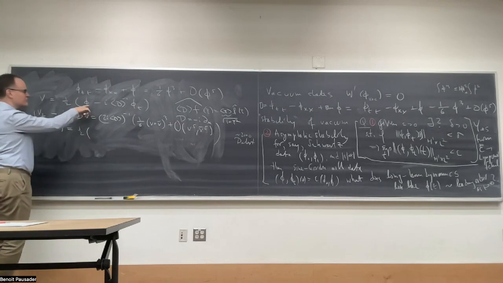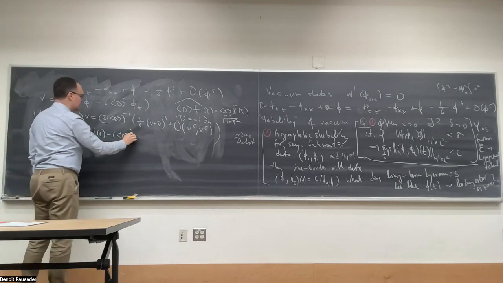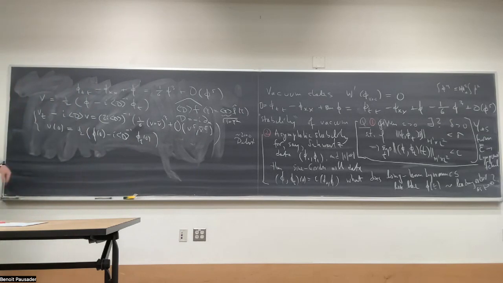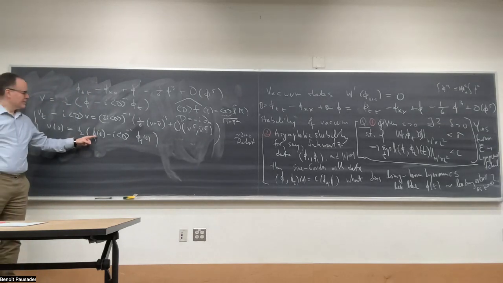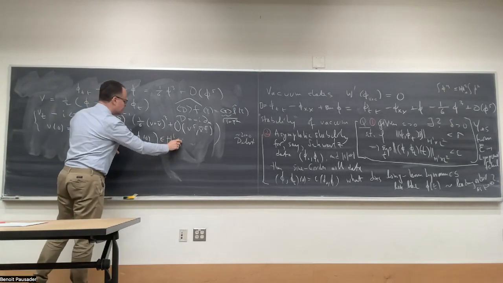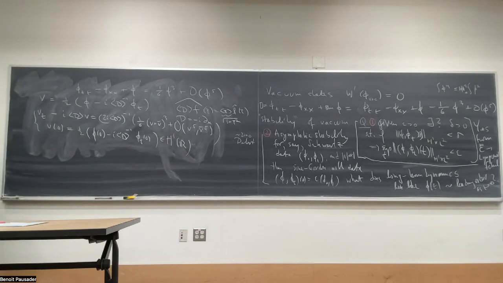If you want to write it in terms of the initial conditions of phi, it's of course this. And notice that this will be H1, this is L2, so the whole data here are H1, or better, depending on what you assume on phi.